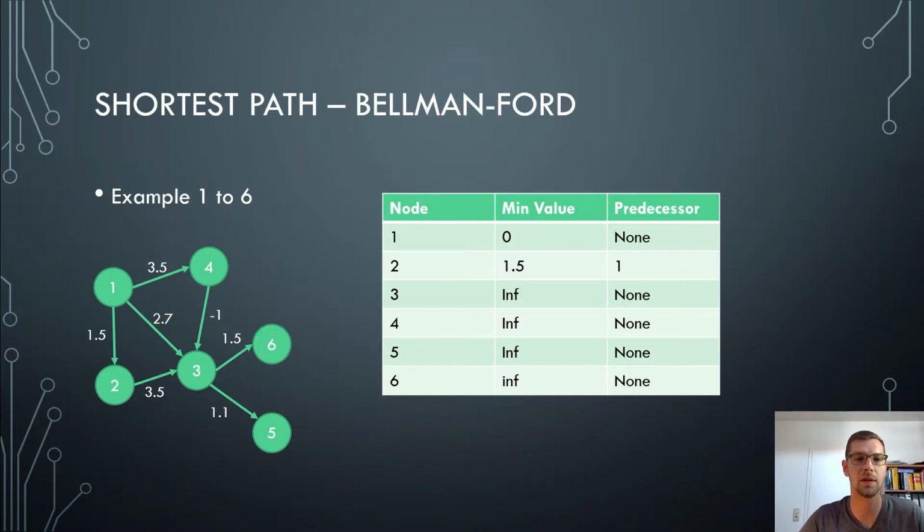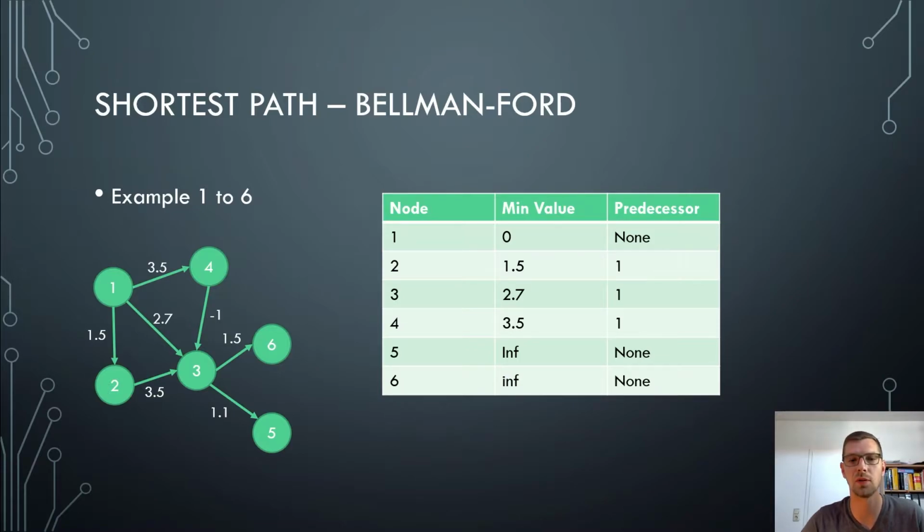So we have 1.5 as the minimum value from node 1 to node 2, that is the weight, and the predecessor will be 1. Then we go to node 3, and the minimum value is 2.7, and the predecessor of 3 will be 1. And then we go to node 4, and there the value will be 3.5, and the predecessor will be 1.